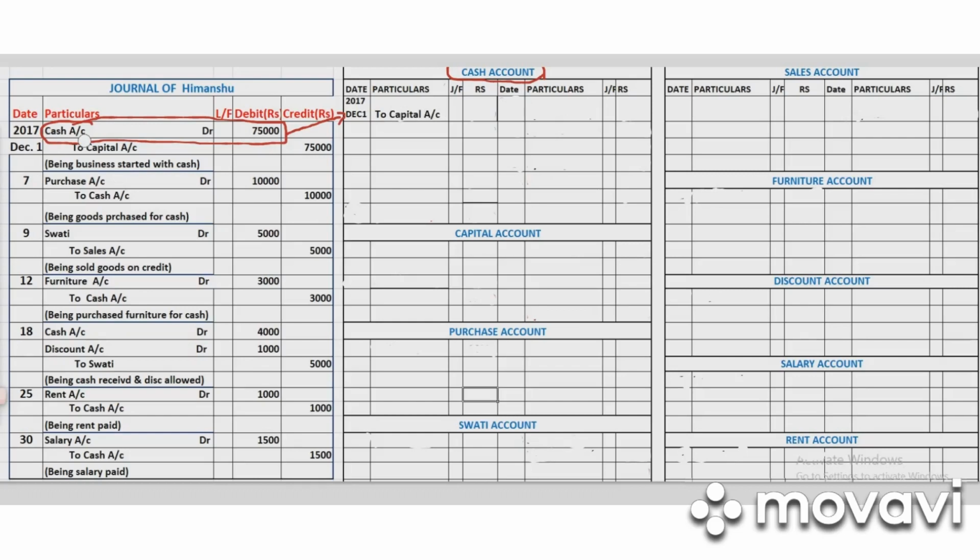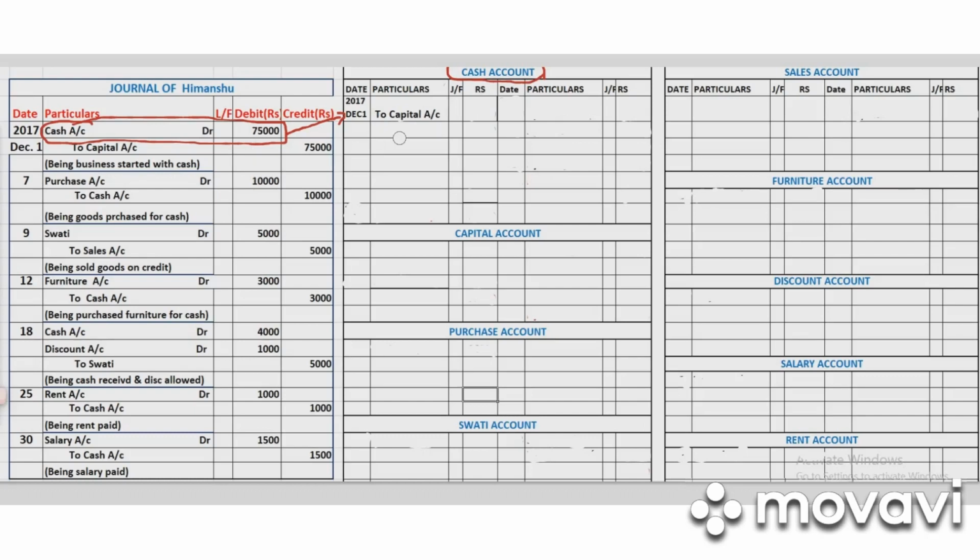This cash account is debited, so we cannot write the same account, the same term, inside the cash account. So what do we do? We write the opposite account. Okay, that is the referral account. So the opposite account, which is on the opposite side, we write inside the cash account. So inside the cash account, we will not write to cash account, we will write to capital account.